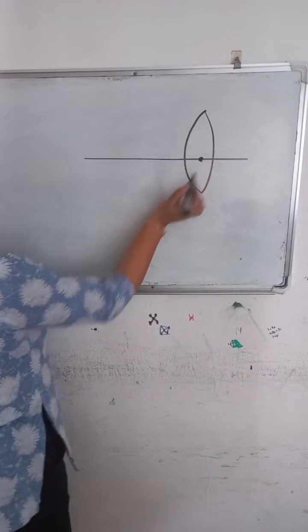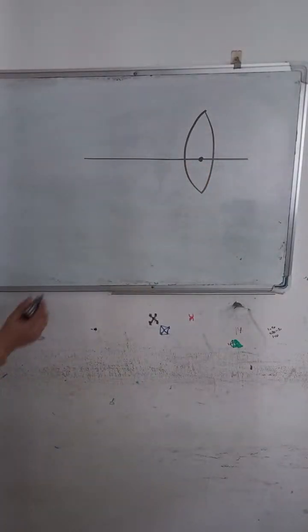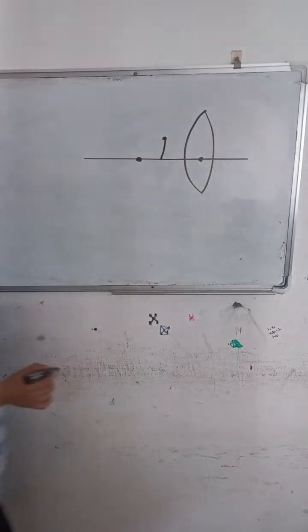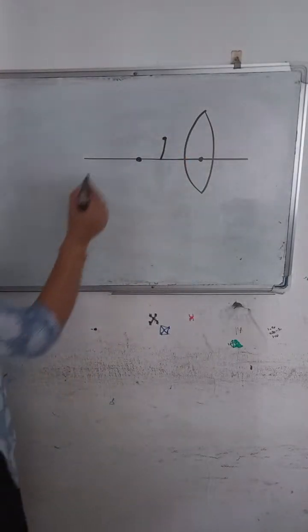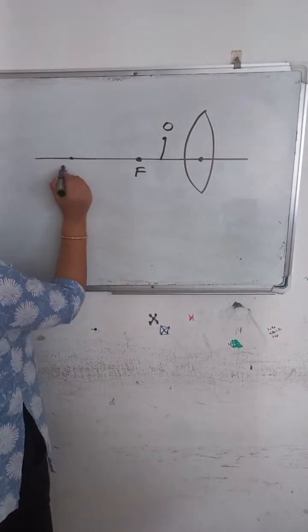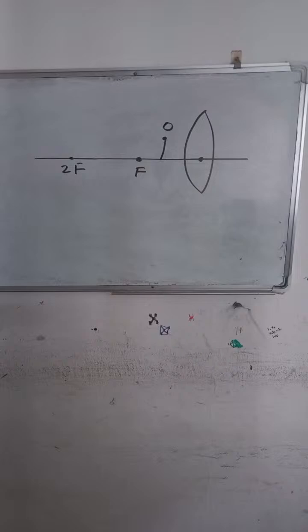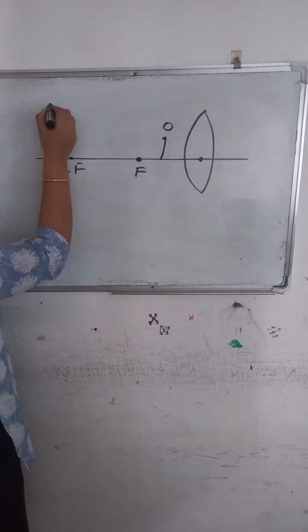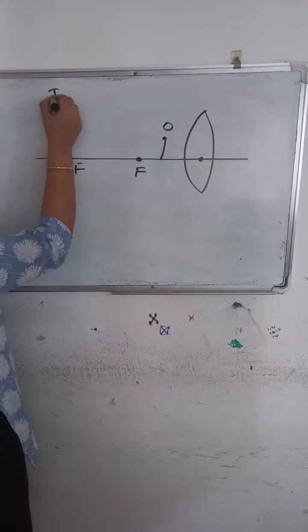Here the diagram is given. This is the optical center they gave. This is the object, and they mention it as O. This is F. This is twice F. And here the image is formed beyond the center. This is the image.